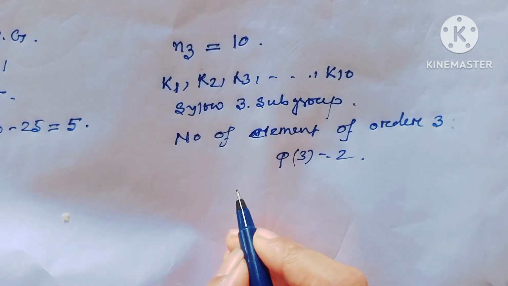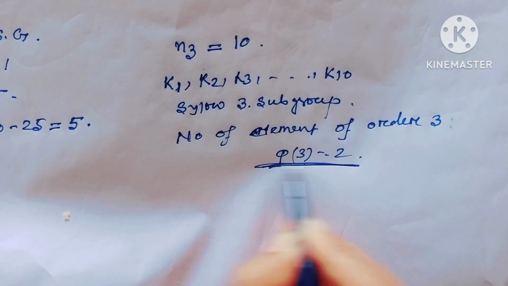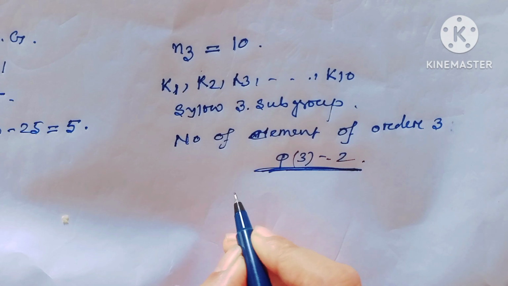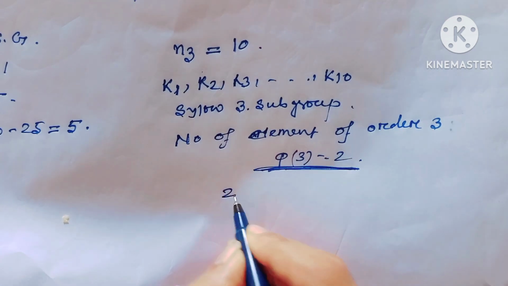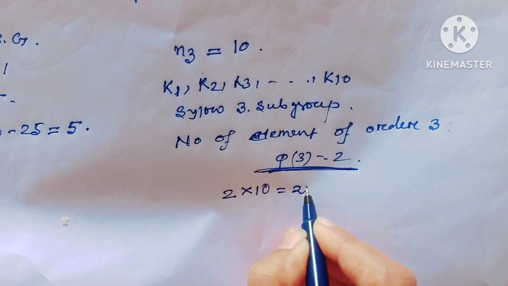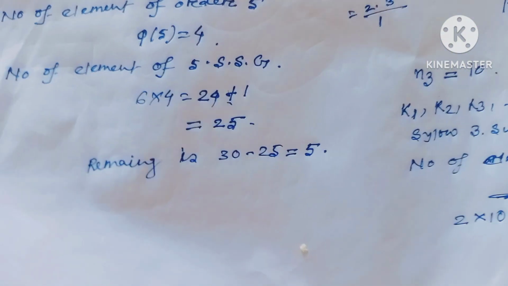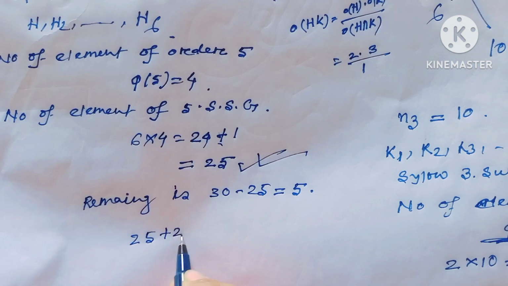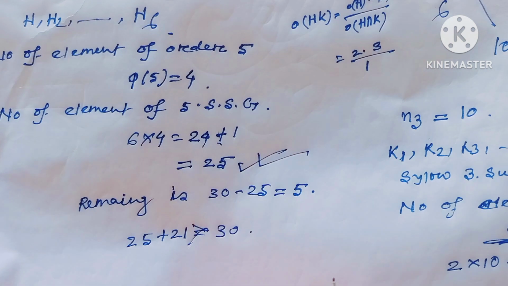So the total number of elements of the Sylow 3 subgroups would be 2 into 10, which is 20, and one identity, that means 21 elements. In the Sylow 5 subgroups I have got 25 elements. 25 plus 21 is always greater than 30.